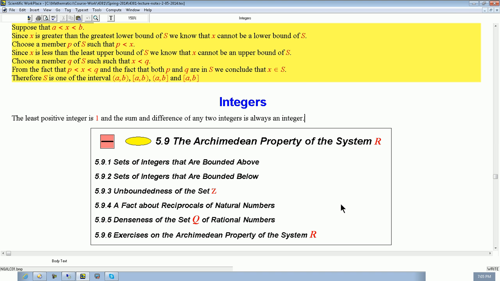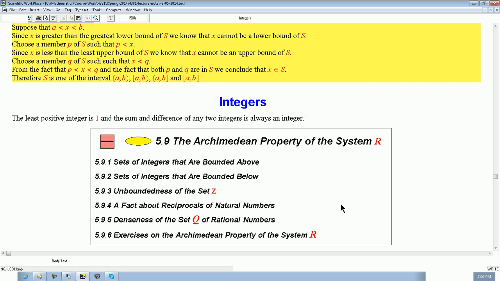There is no question that no integer could be an upper bound of the set of integers, because if p is an integer, p plus 17 is another integer bigger than p, you see. That doesn't answer the question. Because if x is a real number, the question is, how do you know there are integers greater than this x?